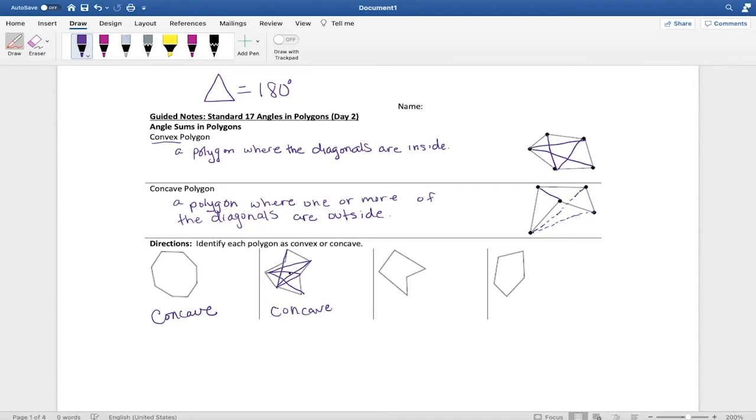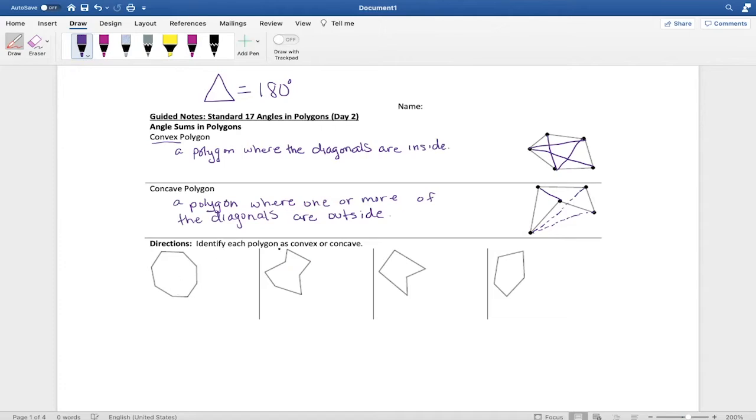That's convex. Okay, this one here would be convex. Oh, I'm all messed up here. Okay, redo. Starting here.